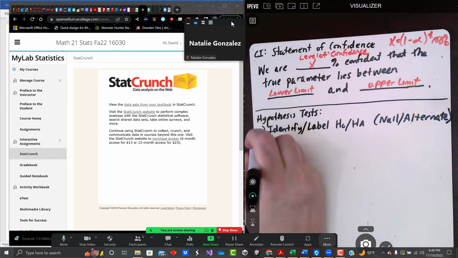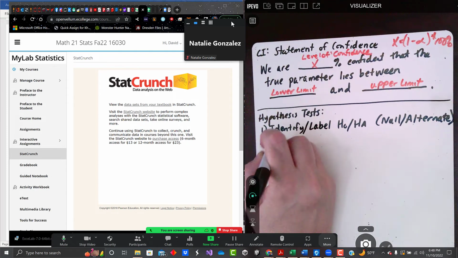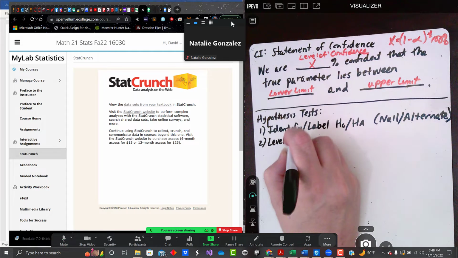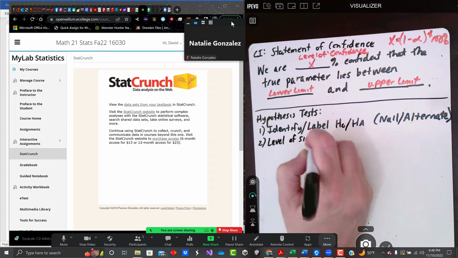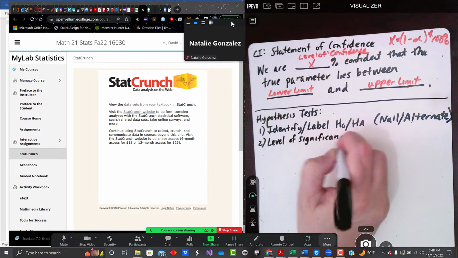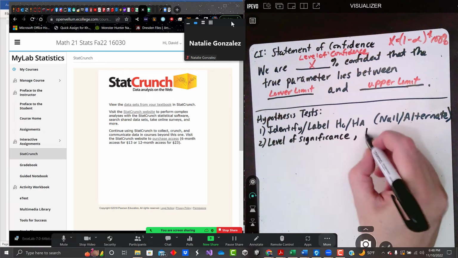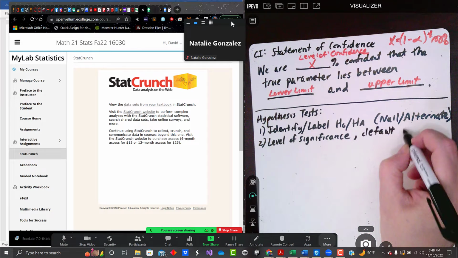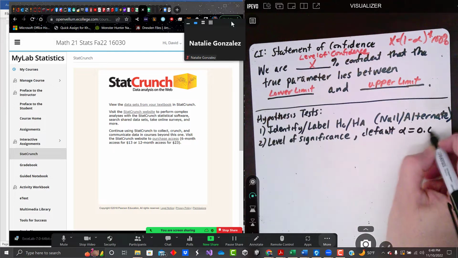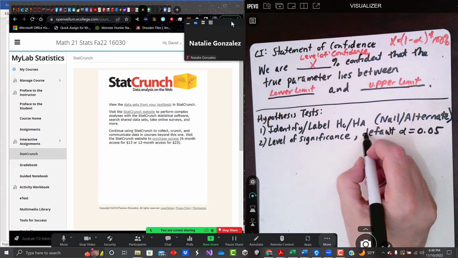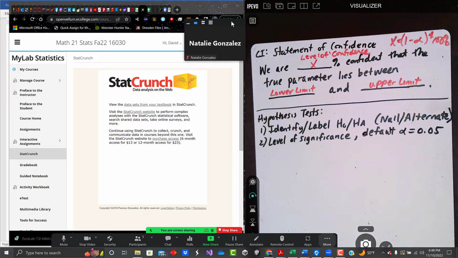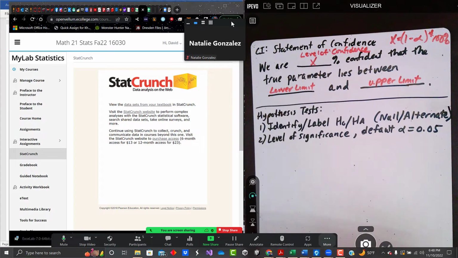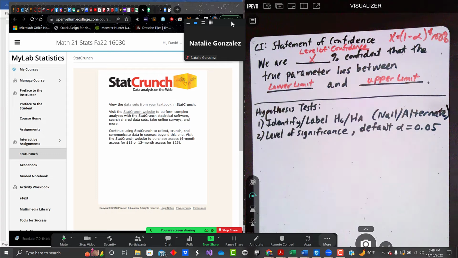Then we'd make a note of our level of significance. If it's not given, we would decide on one or use a default one. Default alpha is 0.05, which represents 95% confidence on a two-tailed test.